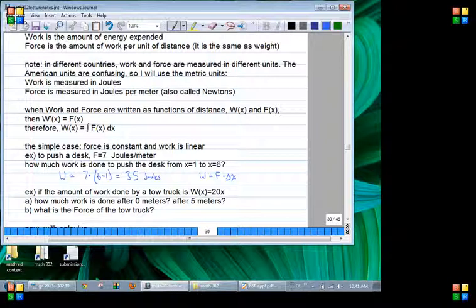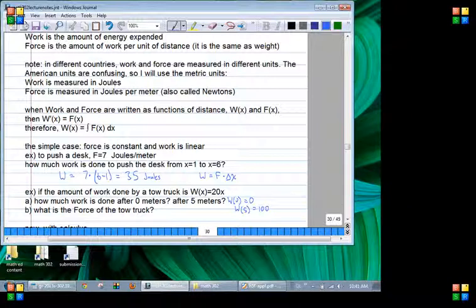You just plug it in, because we're being asked to find the work, and we have a formula for work. So W of 0 is just going to be 0. And then we also want W of 5, which is clearly going to be 100. And 100 what?